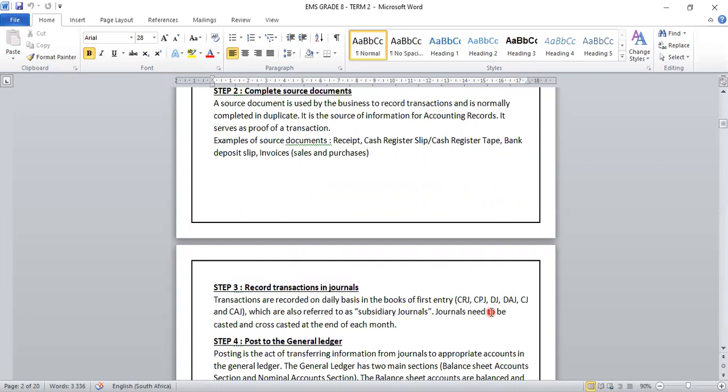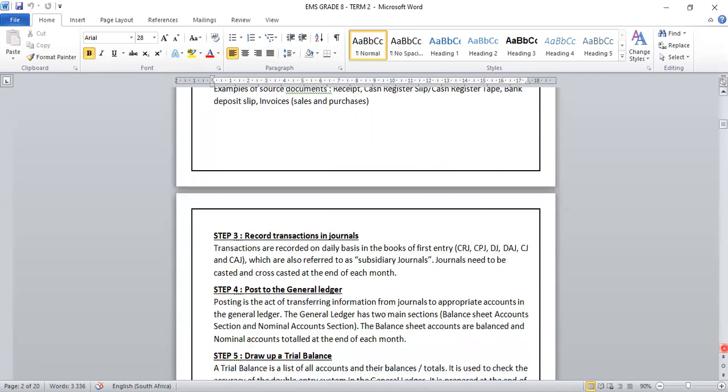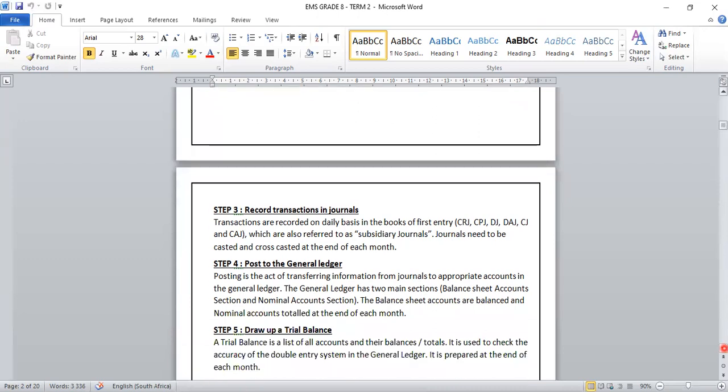All these journals are referred to as subsidiary journals. Journals need to be casted and cross-casted at the end of each month. This means journals must be added or totaled at the end of each month.